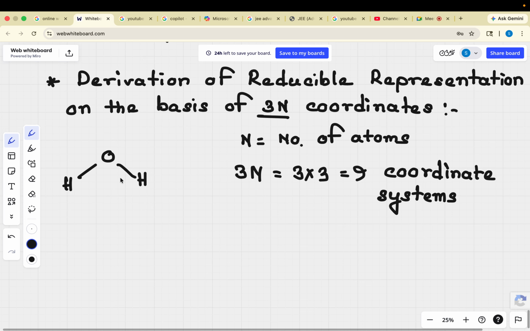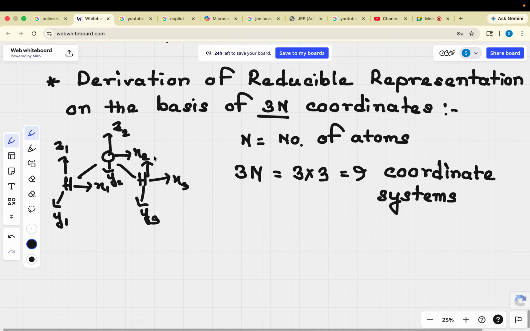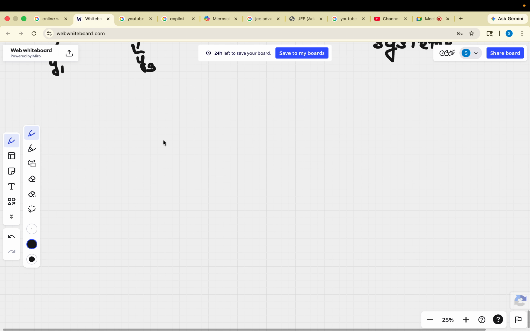Now for each atom I can keep this one x1, for this one y1, and here you will get z1. Similarly for oxygen, this is your x2, here you will get y2, here z2, here also you will get x3, then y3, and last z3. Okay, so these are the axes you are getting.